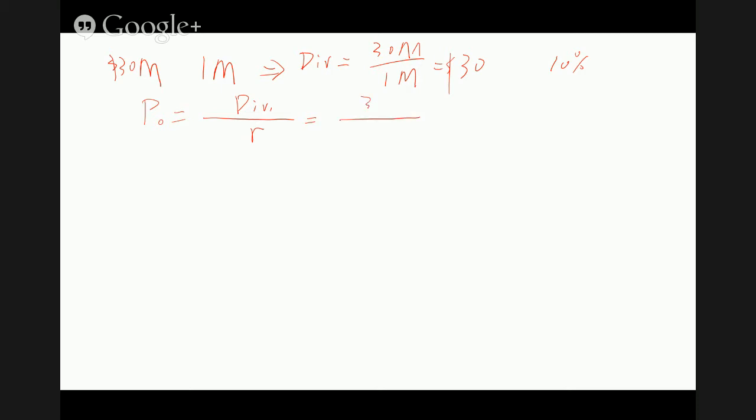This is 30 and then 10%. So the current stock price is $300. So that's our baseline. We know that without the investment, we will have a stock price of $300. Now let's consider the investment opportunity.